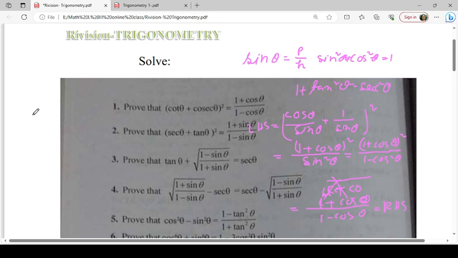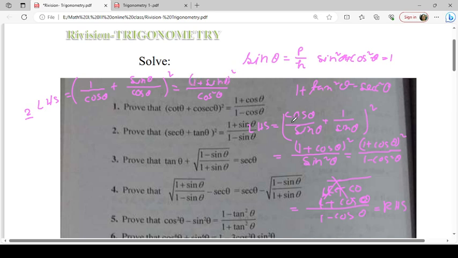It is number 2, left hand side is 1 by cos theta. So sec theta is 1 by cos theta plus tan theta is sin theta by cos theta. Then whole square. Then the denominator, the LCM is cos square theta, and the numerator is 1 plus sin theta whole square.